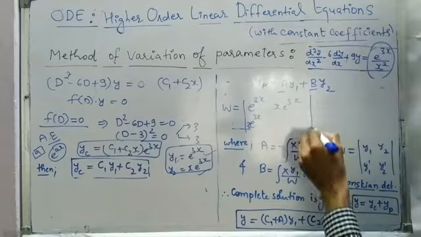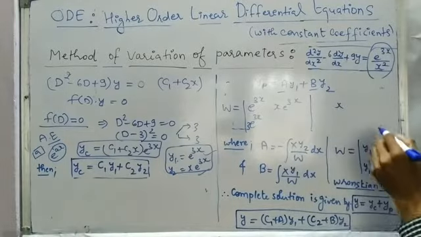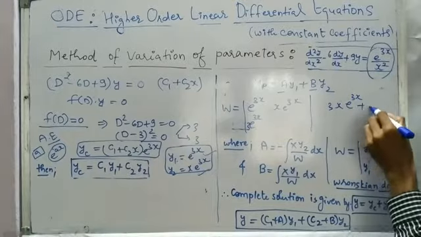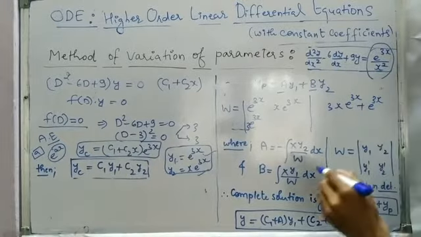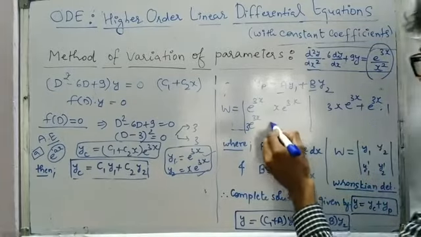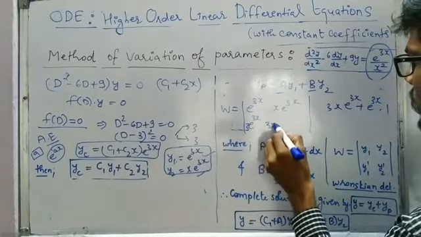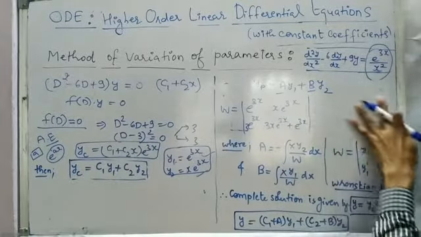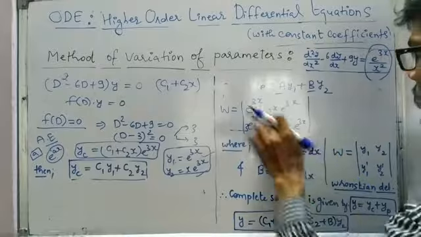So we have to make use of the product rule. First keep x constant, and differentiation of e power 3x is 3 e power 3x, plus now keep e power 3x constant, and differentiation of x is nothing but 1. So this term we are going to get as 3x e power 3x plus e power 3x. Now calculate the determinant. How do we calculate the determinant?